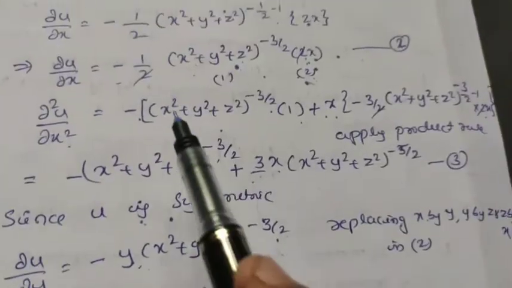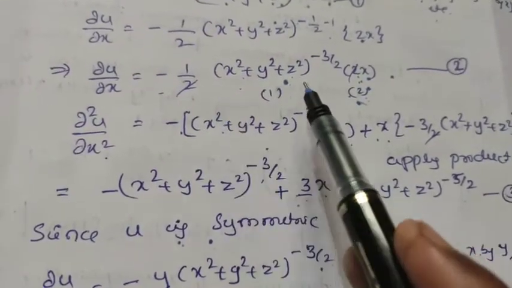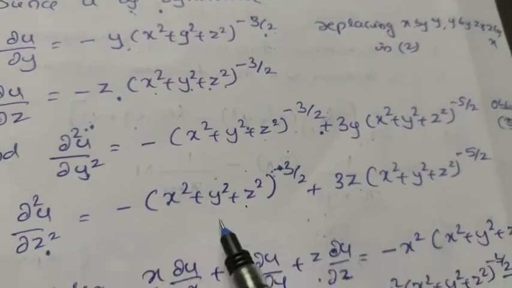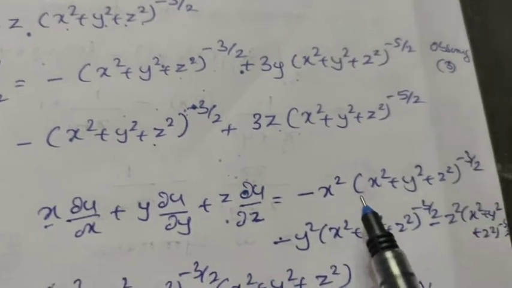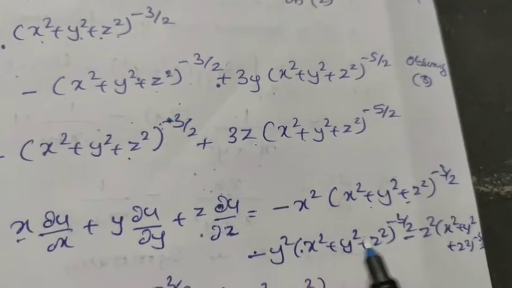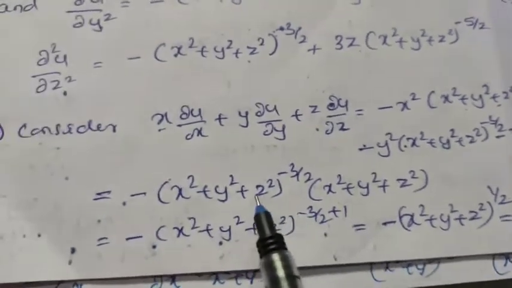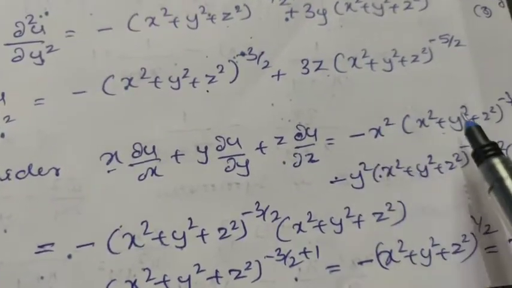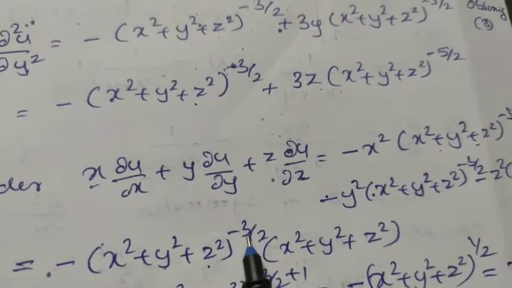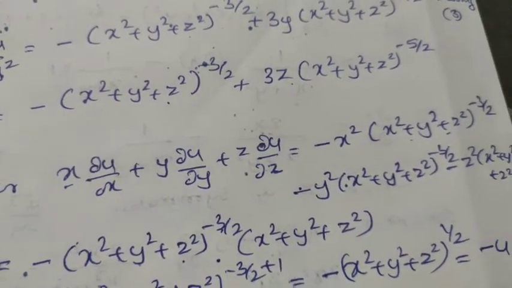Here we have ∂u/∂x, multiply it with x, you will get minus x² into (x² + y² + z²) raised to minus 3/2. Similarly, you will get the second term and third term. In all these three terms, (x² + y² + z²) raised to minus 3/2 is common. You just take it as common.